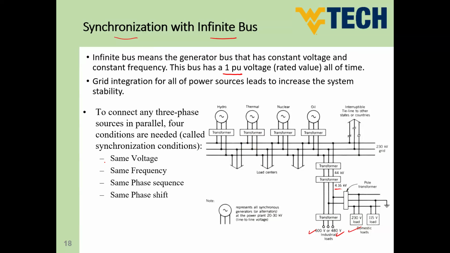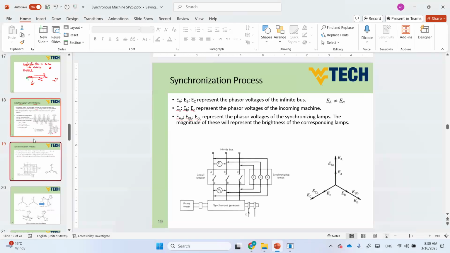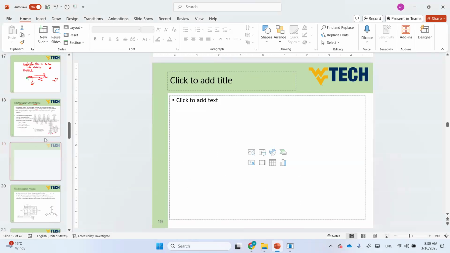We have 4 conditions here, but let me show you or make the 4 conditions in just one condition in order to be easier to understand. So I'm gonna draw one thing right here. Let me add one more slide here and simplify the meaning of synchronization to you.